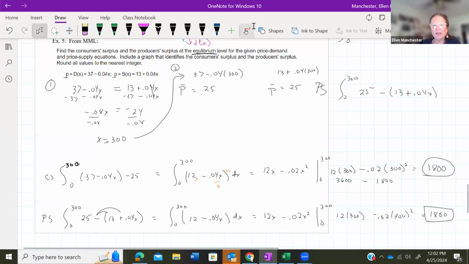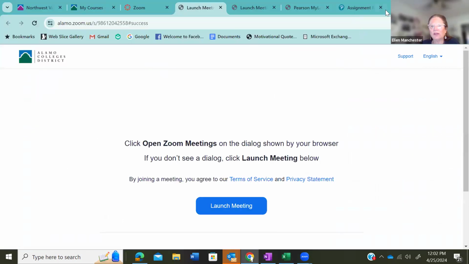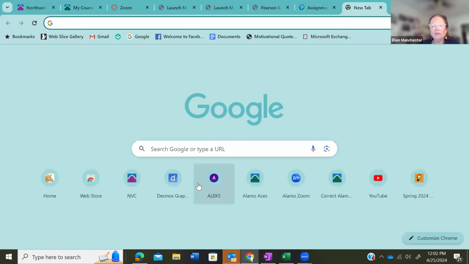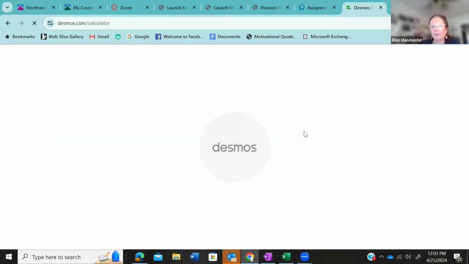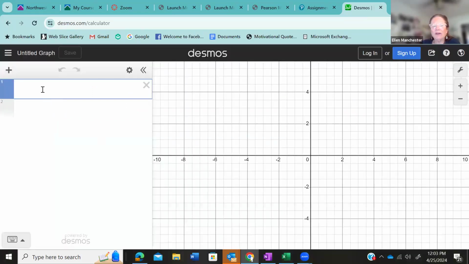Now, one last thing that I wanted to show you is when you're doing your homework for Monday's area between the two curves, use Desmos. It really, really helps.